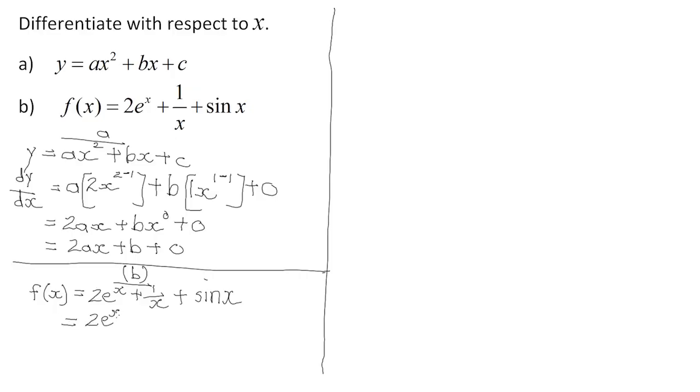I can read the derivative straight from my formula sheet, formula number 12, but this one becomes 1x to the power minus 1 plus sine of x. So I'm applying the negative exponent law there.